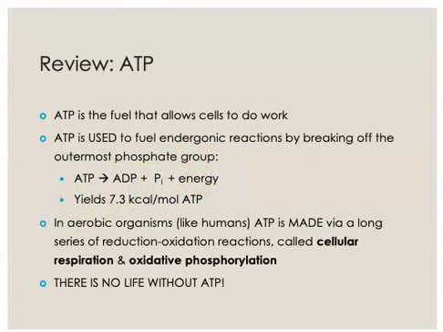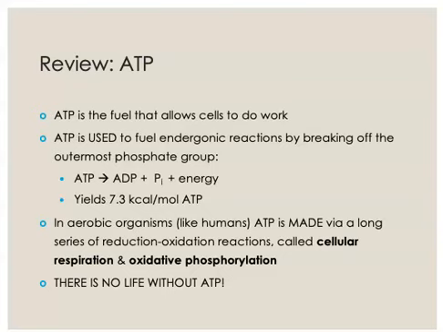Organisms that use oxygen, like humans, are going to make their ATP via that long series of reactions in cellular respiration and oxidative phosphorylation. This is actually a series of oxidation reduction reactions.